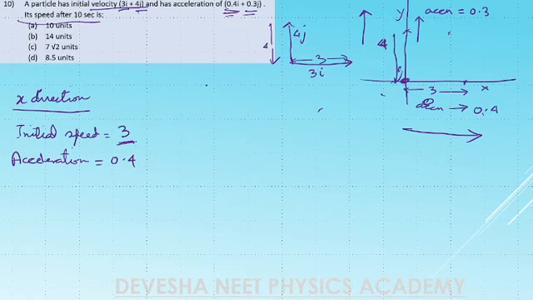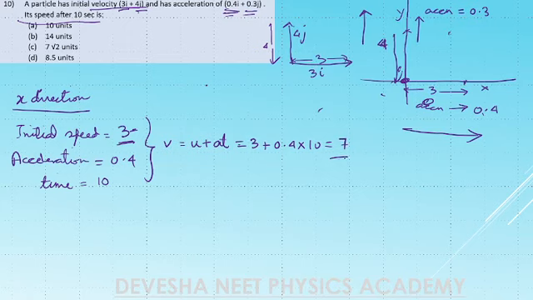Time taken is 10 in both cases. So what will be the final velocity then? v is equal to u plus at. This is equal to u is 3 plus acceleration 0.4 into 10 seconds. So this becomes 7. So this is the speed in the x direction.